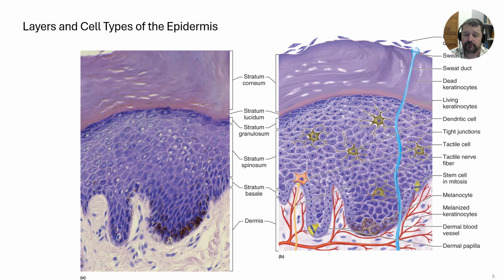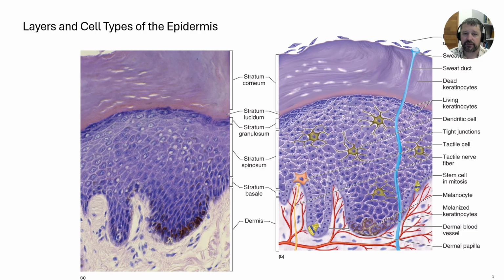Okay, so let's look at that. The first layer is called the stratum corneum. We already talked about this: it's all dead material, all keratinized, lots of keratin, providing that first line of defense. If it's a thick epidermis, you'll have another layer which we call the stratum lucidum, that kind of grayish purple layer.